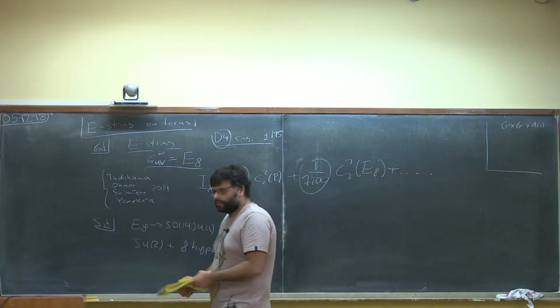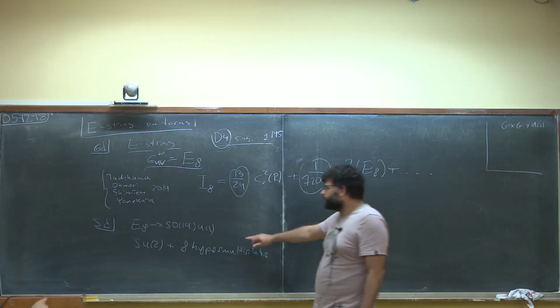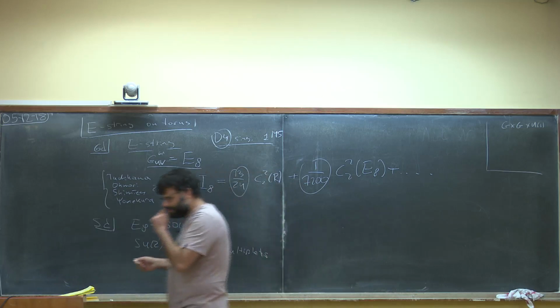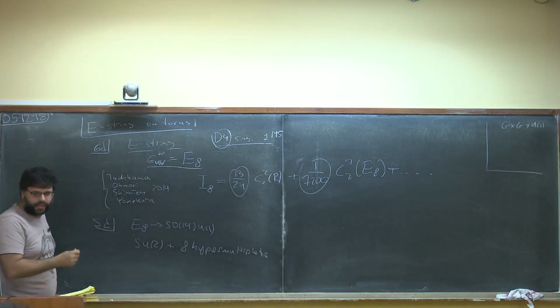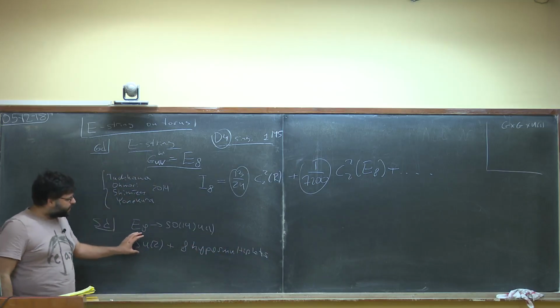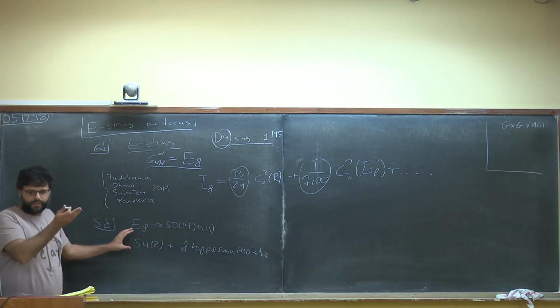Sorry, if you don't mind, I'll go back. The partition function of this theory, yes, you can compute. Okay, this is sophisticated, let me give some more details. The claim is that this is a 5-dimensional theory, but it doesn't have a UV completion in 5 dimensions. It UV completes in 6 dimensions.